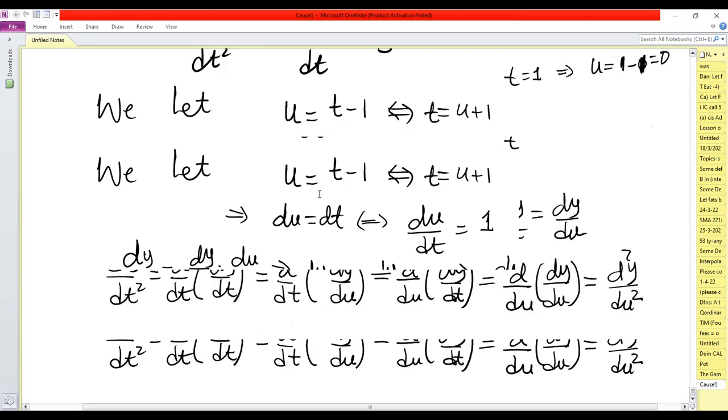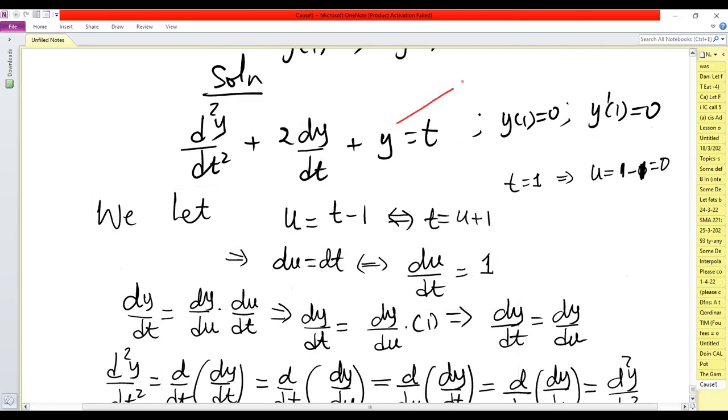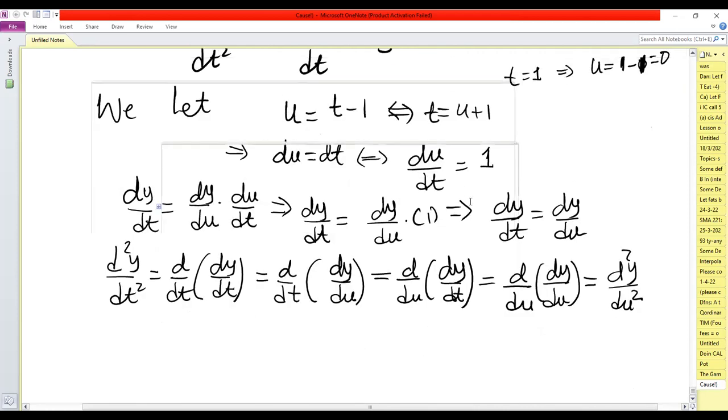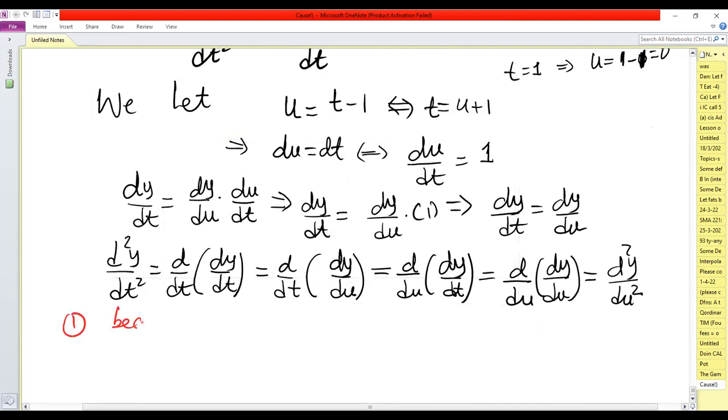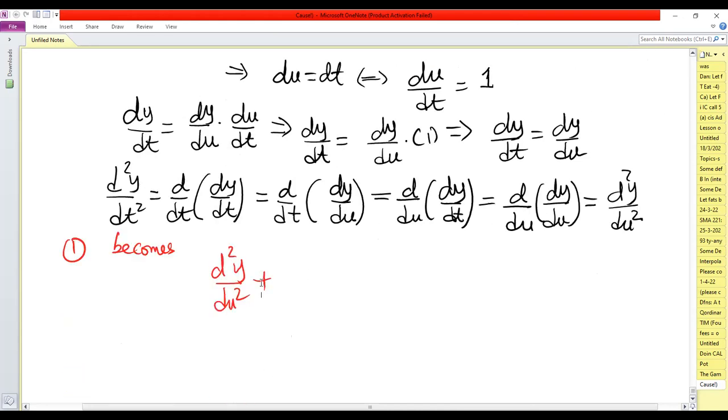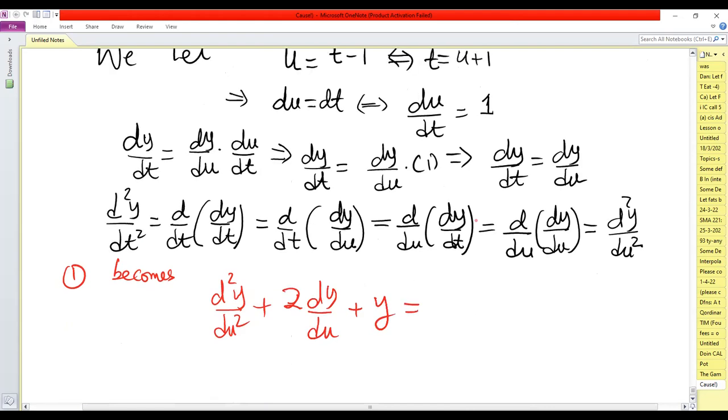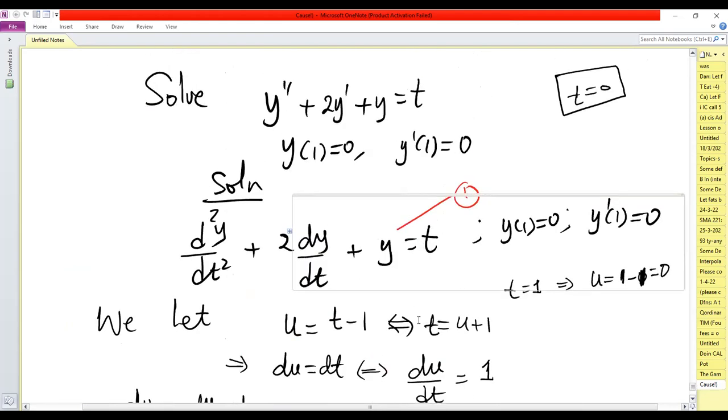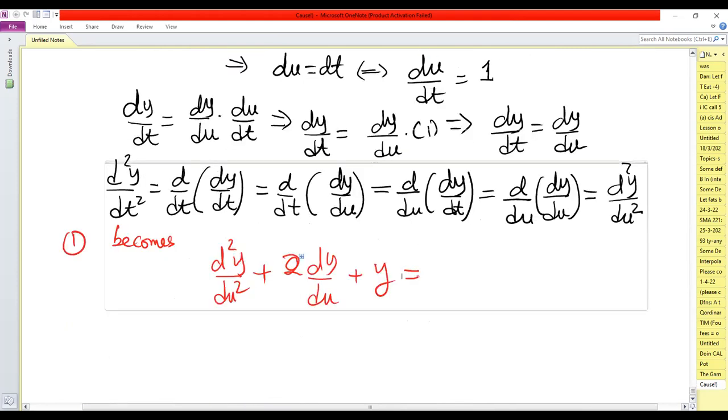So therefore, if I call this equation 1, it becomes d squared y du squared plus 2 dy du plus y equals, where there's t, we replace by u plus 1. We'll have u plus 1. So we have successfully converted our differential equation into this new variable u.